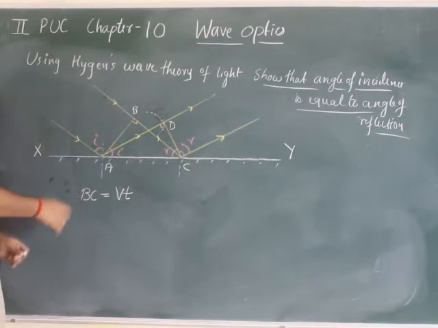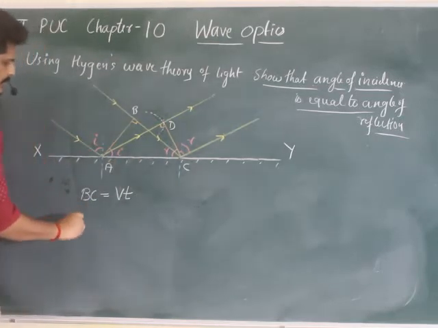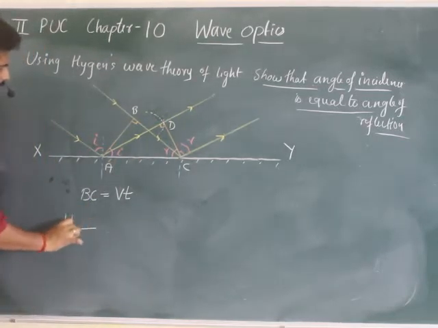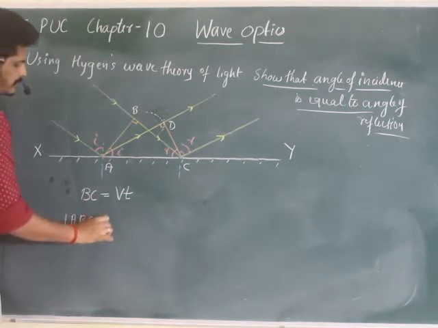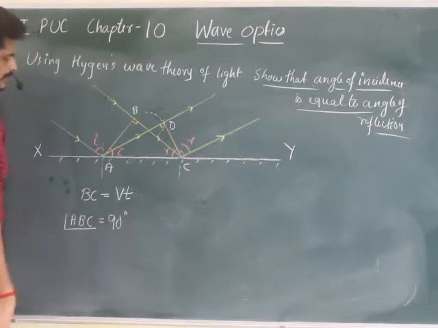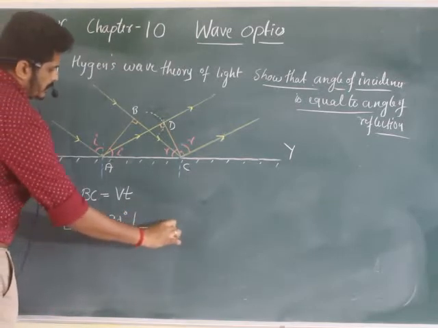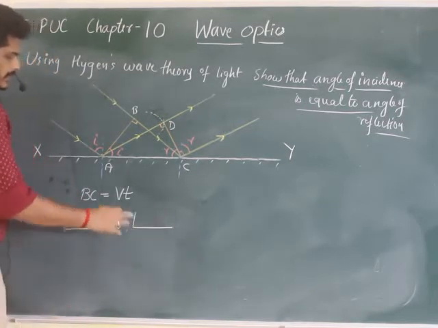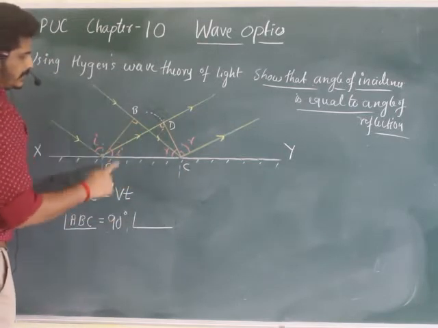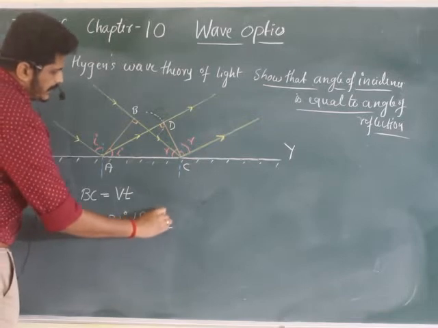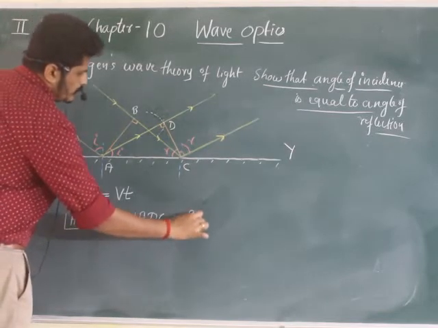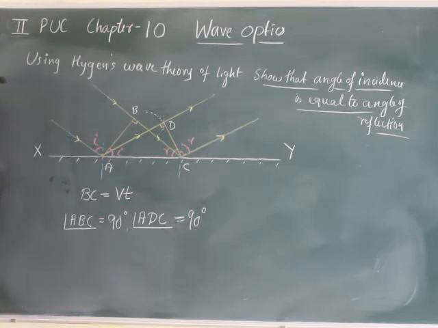Now you can see here there are two triangles. Triangle ABC, angle ABC is equal to how much? 90 degrees. And one more right angle triangle is there. Angle ADC also equals 90 degrees, correct? Have a look. So this is what we can observe initially.